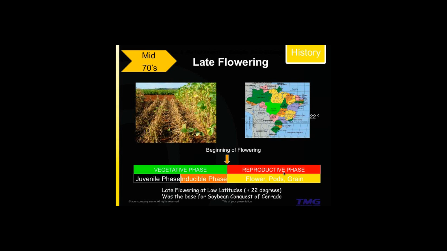The first thing I would like to stress here is that all the experience that comes from Brazil is essentially to add the LG trait in determinate backgrounds. That was a choice made back in the late 60s and early 70s, essentially because it was clear that it was difficult to control growth with indeterminate types.